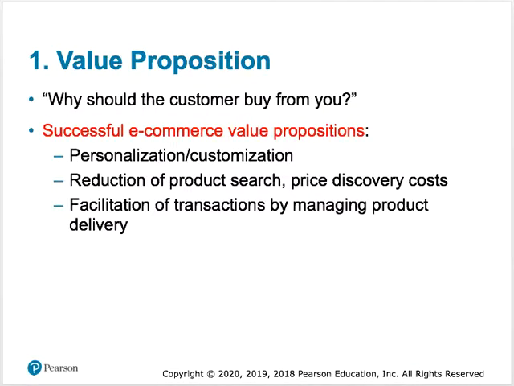So let's have a look at the first element of a business model, that is value proposition. So the first question you must answer is, why should the customer buy from you, not from the other?